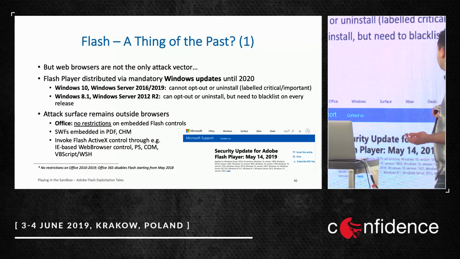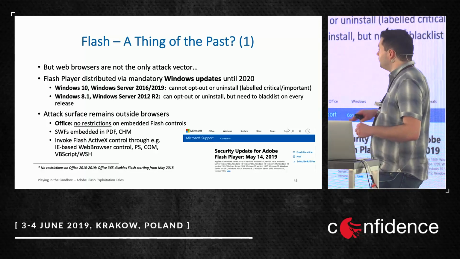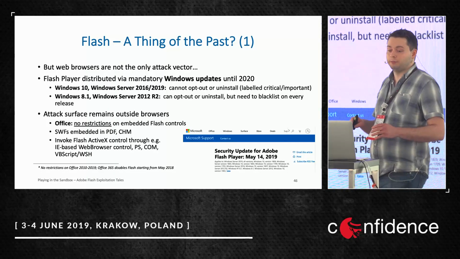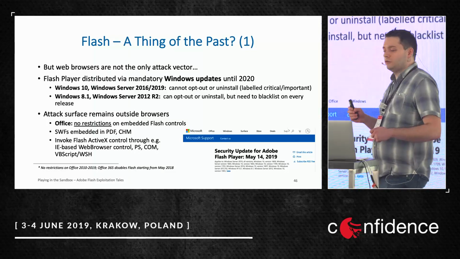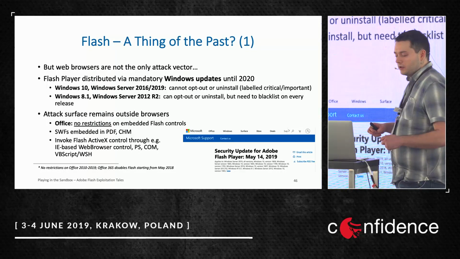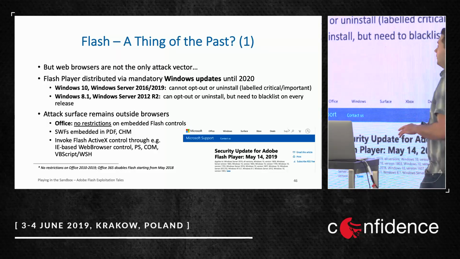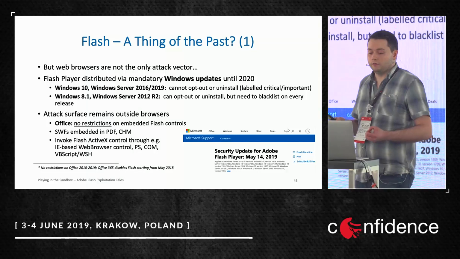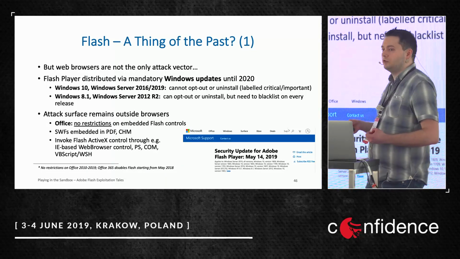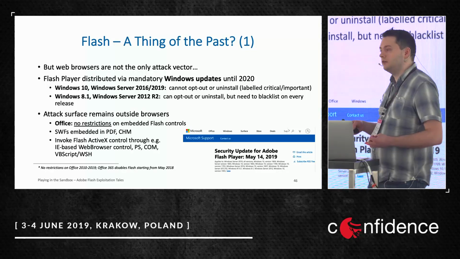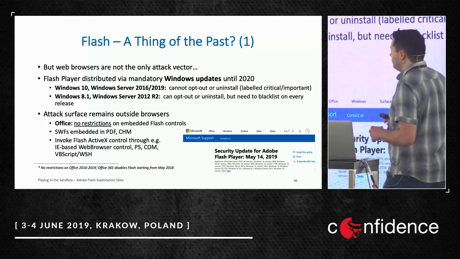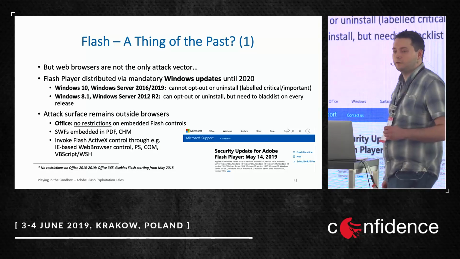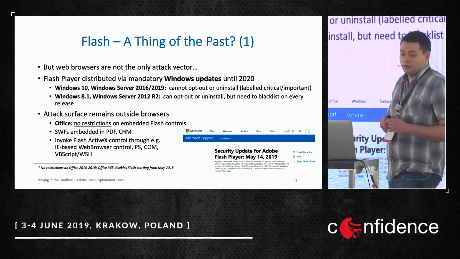As you can see in the screenshot right here, they do get released very occasionally. So basically, this means that the attack surface remains outside browsers. One of the most important attack vectors here is Office, because Office does not restrict Flash content at all, from Office 2010 up to Office 2019. There's one minor exception: if you're running the Office 365 version, then you are protected.